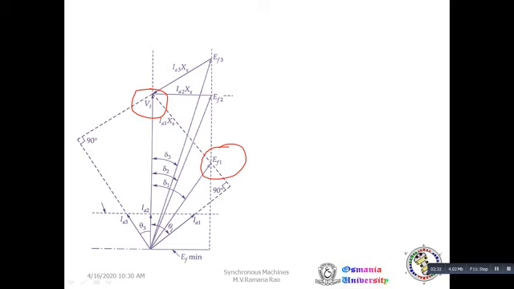VT is equal to EF1 plus IA1 XS. So this is one vector diagram. Similarly, VT is equal to EF2 plus IA2 XS, and VT is equal to EF3 plus IA3 XS. Okay, so let us remove these red marks.